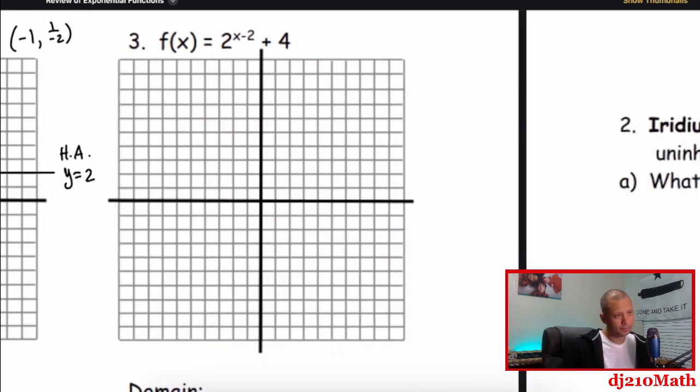All right, number 3. Again, the parent function, the 3 critical points. Those are the 3 critical points. Now those points are going to shift right 2 and up 2. And the horizontal asymptote is going to be through y equals 4.